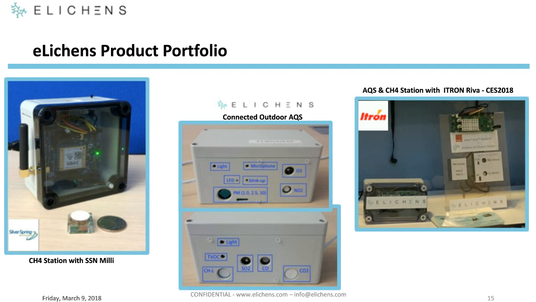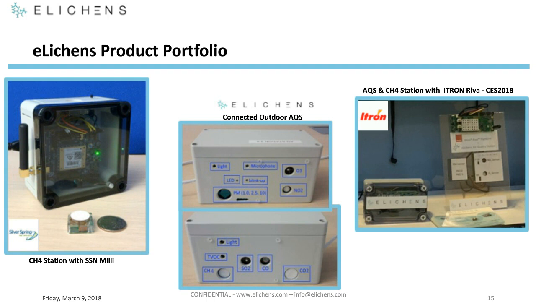These are with the ones we integrated, the Itron radio that we demonstrated also at CES in January in their booth. And then in the middle, to give you a preview of what this box looks like and its form factor, you have the box, which is our connected outdoor air quality station that is done by eLichens.